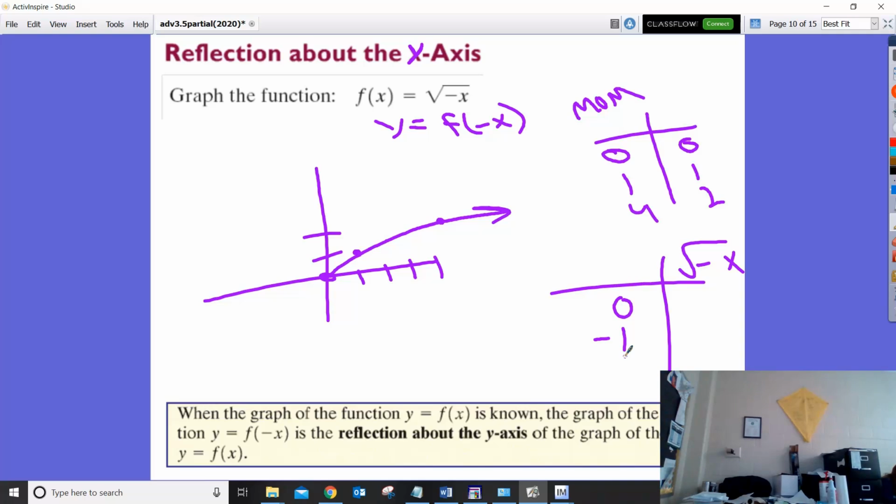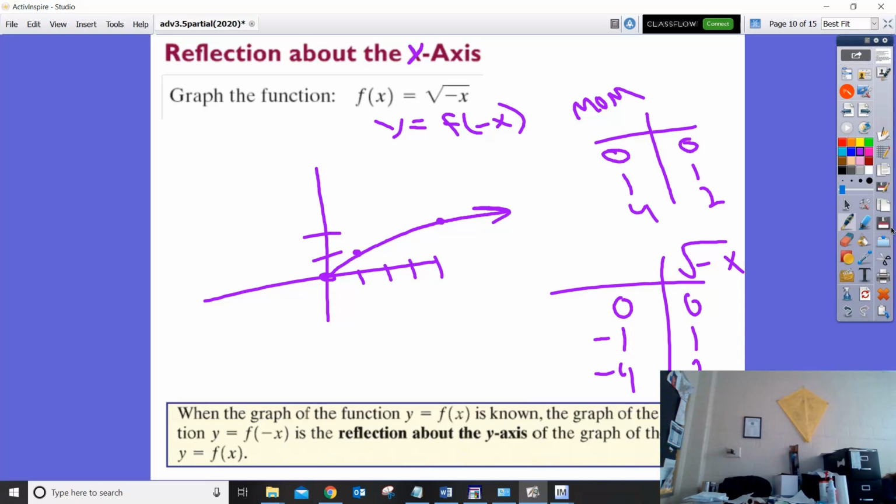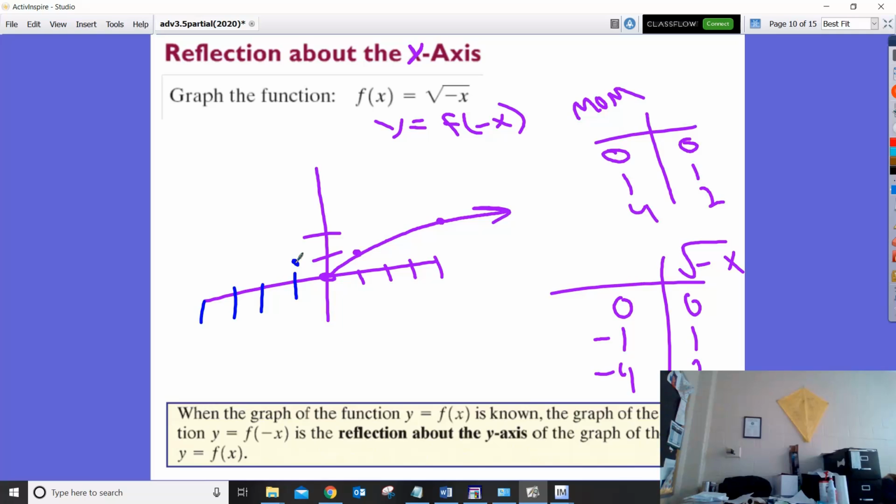If you fed it a negative 1, that negative in front of the x would make it positive. Could you feed it a negative 4? It's just that the x values you're feeding it have to be negative. So you can kind of see with the table and the graph, it's basically the same function. It just opens to the left.